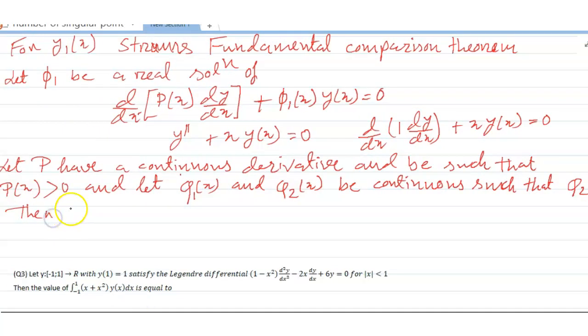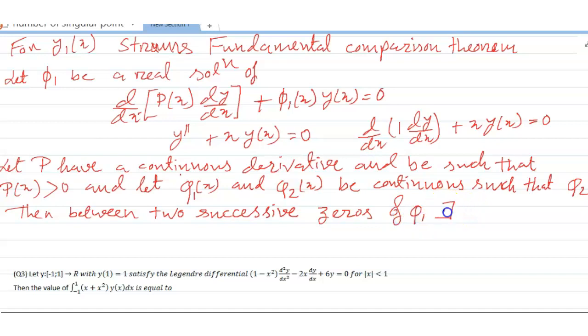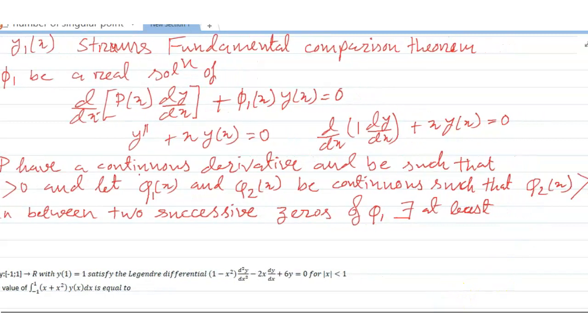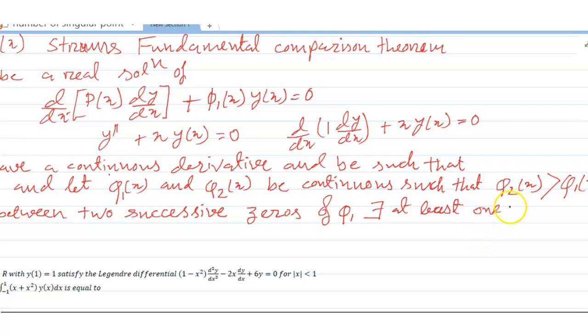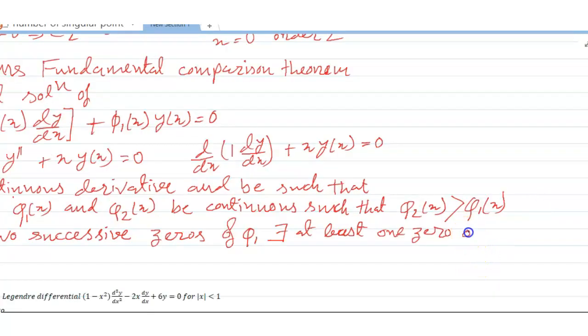Then between two successive zeros of phi 1 there exists at least one zero of phi 2(x). This is the Sturm comparison theorem.